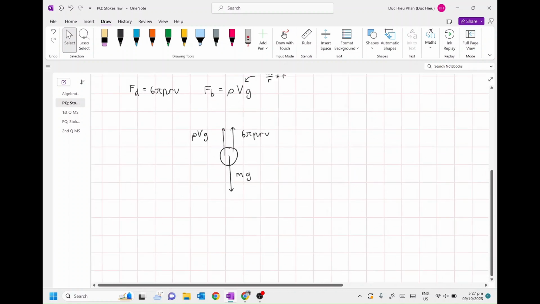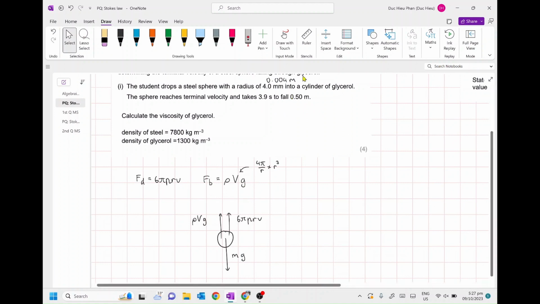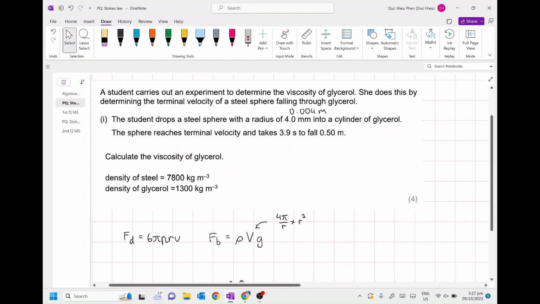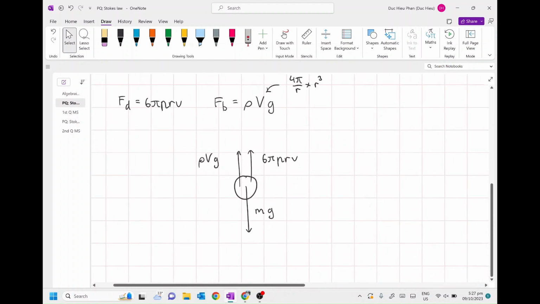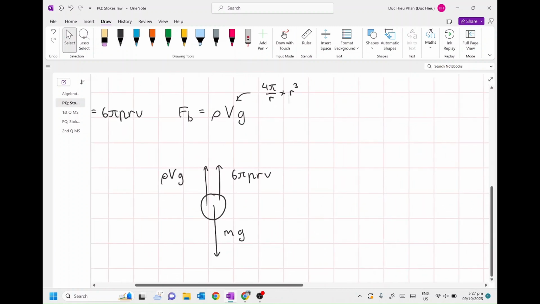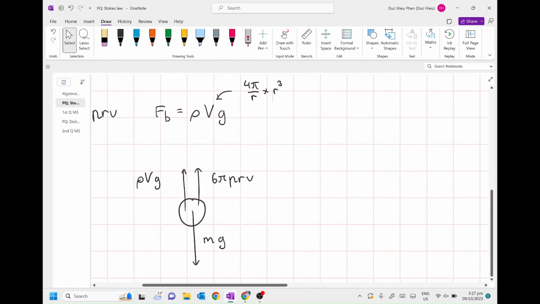If we set out the equation, we don't want to substitute the numbers in right now because it'll be an absolute mess, especially with how small 0.004 meters is, and when you cube it, it's going to get even smaller. So I think what we want to do is just put the equations together and then rearrange it to isolate eta, the viscosity of the glycerol.